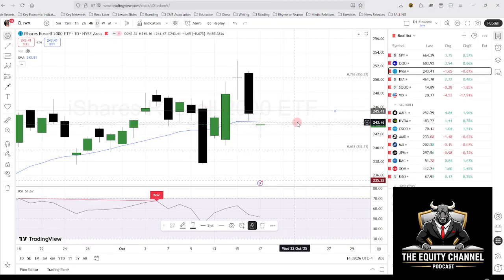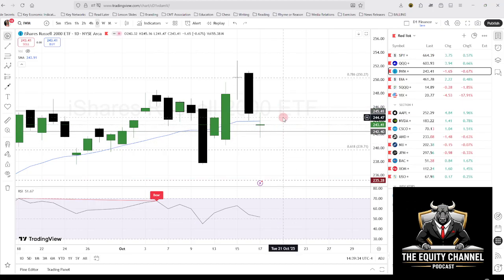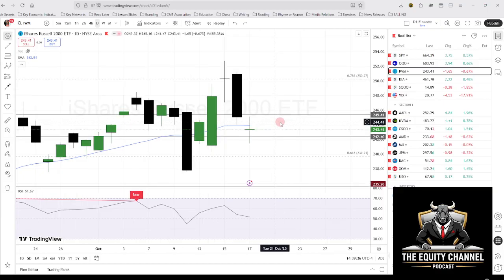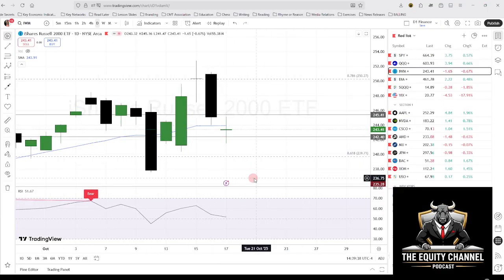Let me just show you guys what this is all about. So this range right here, and I want you to notice how flat that 20 MA is right now. You see how flat that 20 MA is? Look at it. It's a straight, flat line.